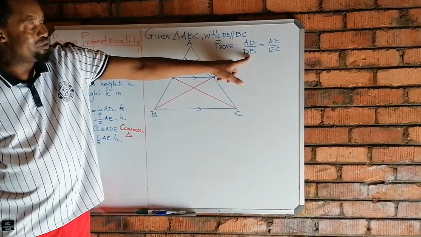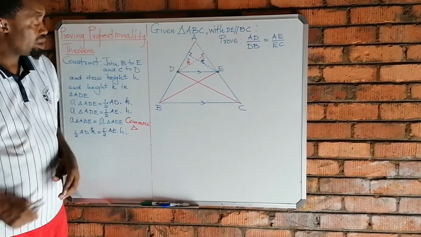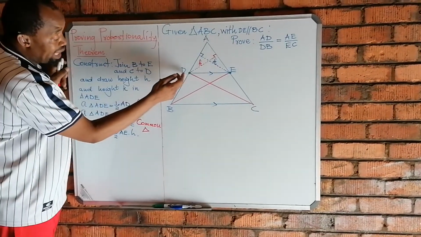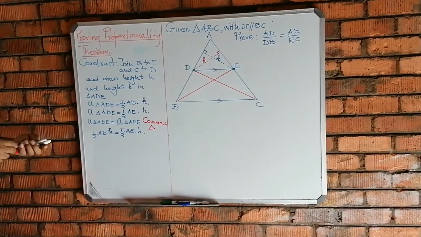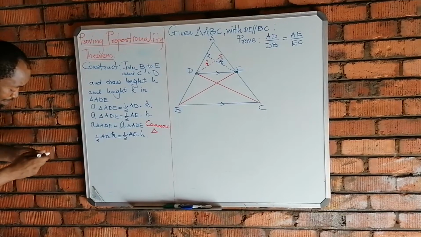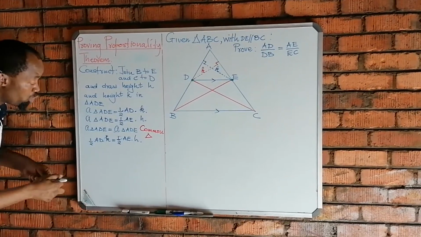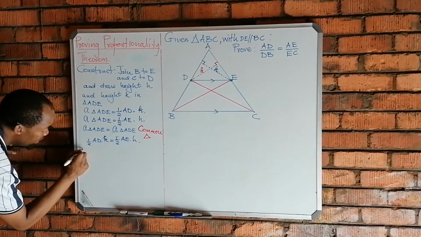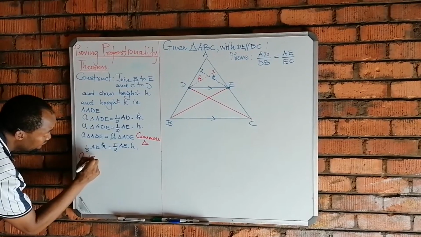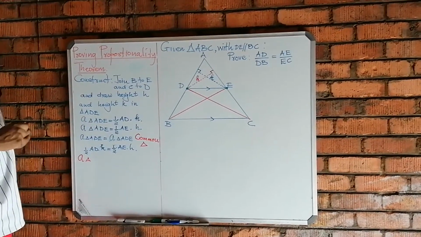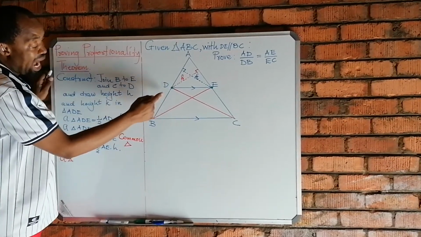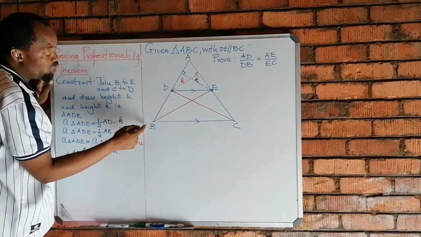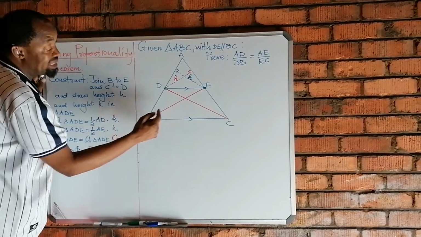We need to have DB. I look at this, I have DB there. Now, which triangle am I going to use to have DB? For DB, the height must be perpendicular to this side as a base.